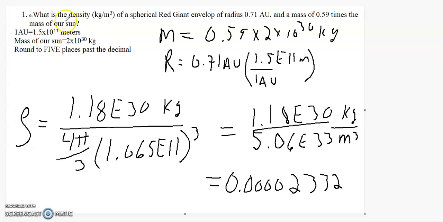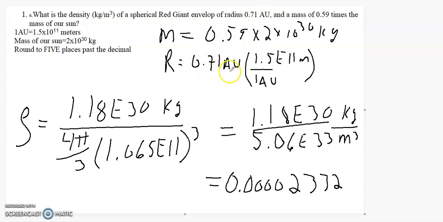All right, so here it is, this is number 6. So we want to know the density in kilograms per cubic meter of this red giant envelope, which is spherical. It has a radius of 0.71 astronomical units.